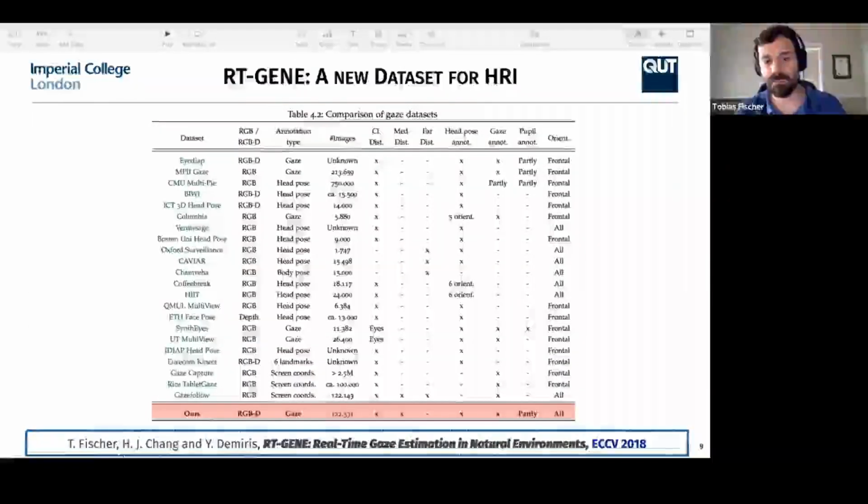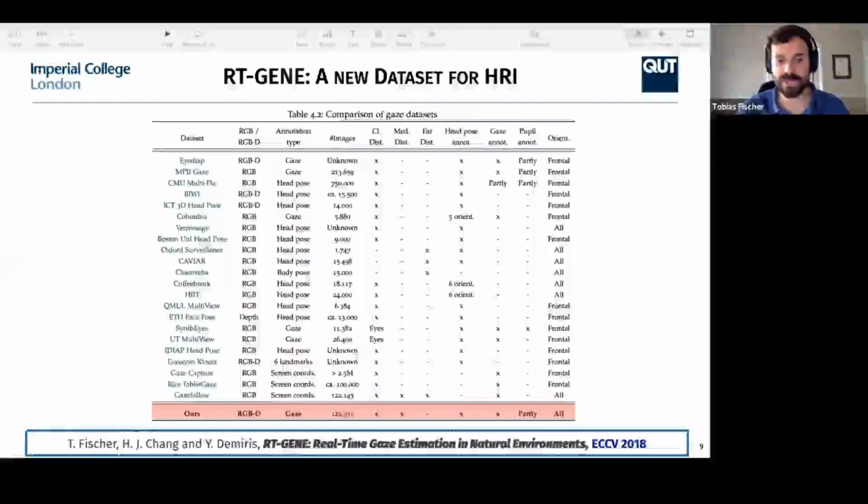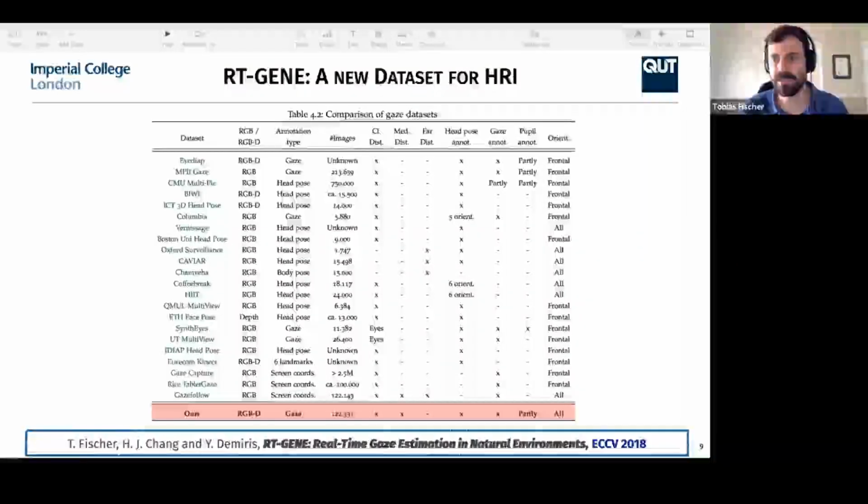So what's cool about this data set is that we provide a large training set for gaze estimation techniques in kind of medium distance scenarios. So further than the screen setting, but not as far as, I don't know, a surveillance camera in a supermarket.